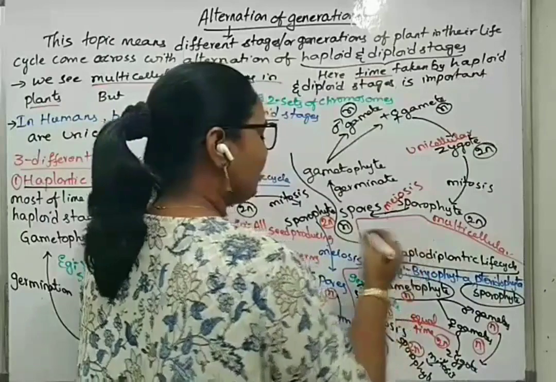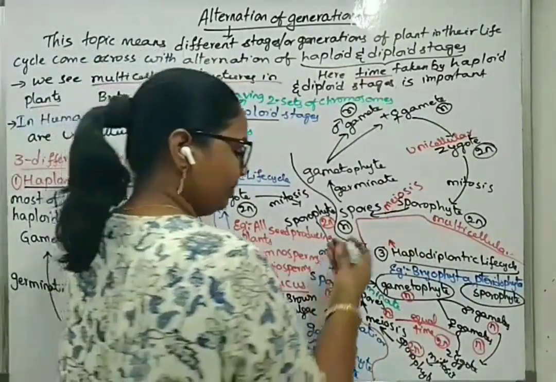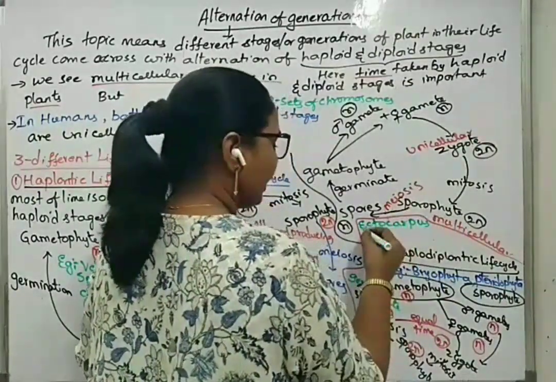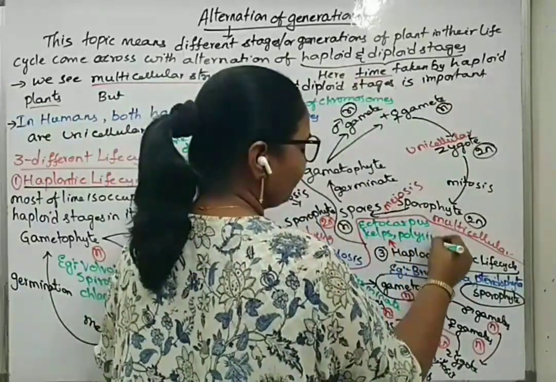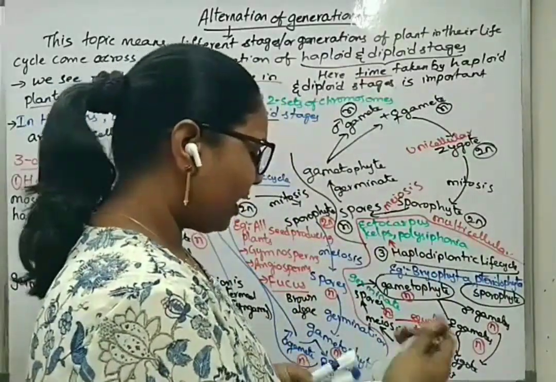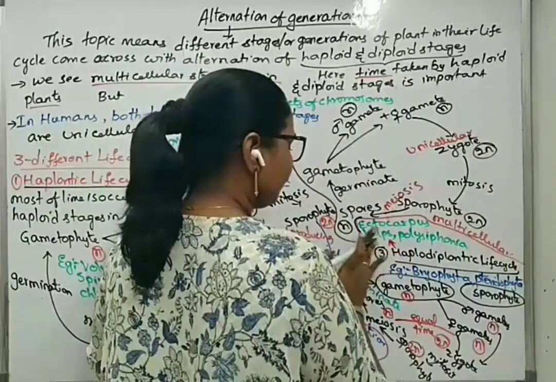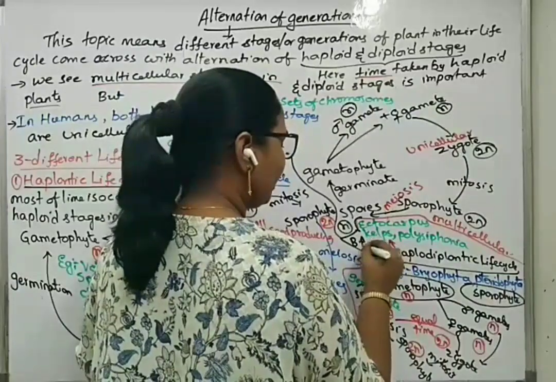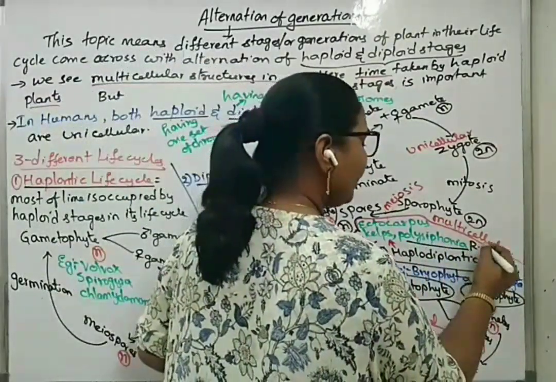Under haplodiplontic, we will see which algae exhibit the haplodiplontic type of life cycle: Ectocarpus, kelps, and Polysiphonia. Ectocarpus and kelp are brown algae. Polysiphonia is red algae.